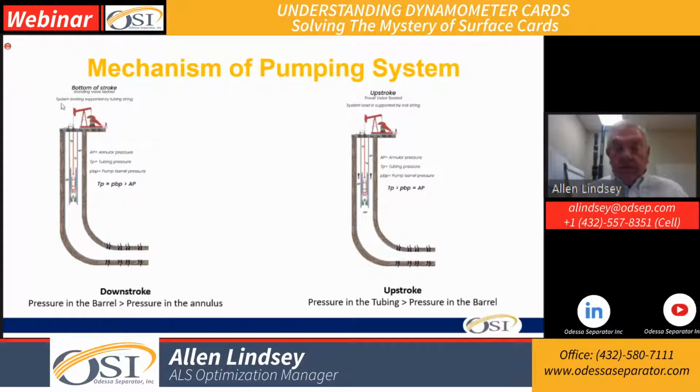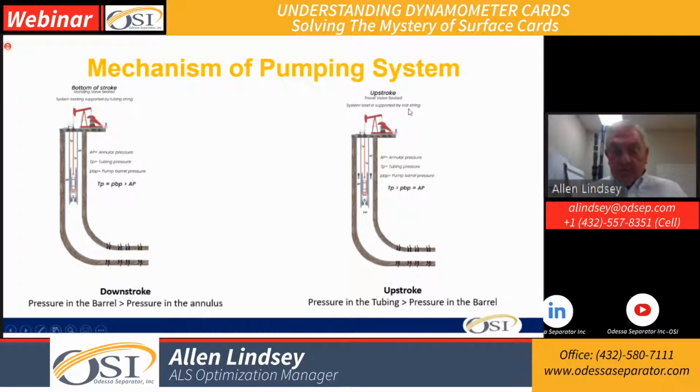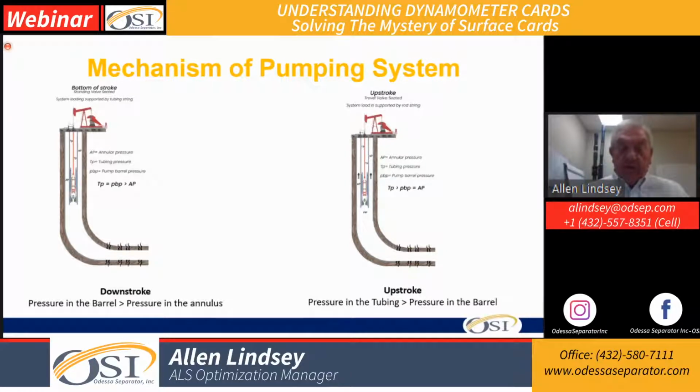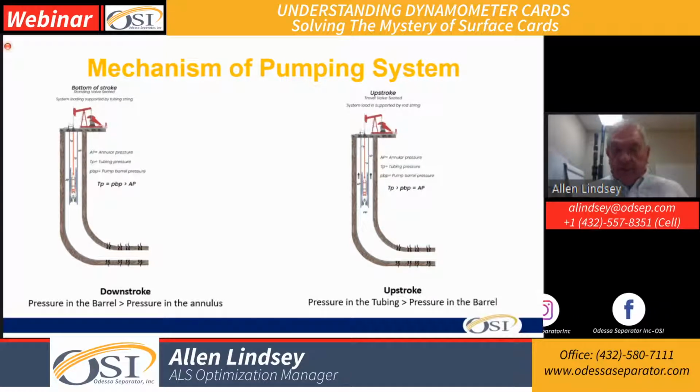The instant that the upstroke starts, the weight of the column of fluid in the tubing will seat the traveling valve. The system load, which had been supported by the tubing string, is assumed by the rod string. At this point, the tubing pressure is greater than the pump barrel pressure, which equalizes with the annular pressure.